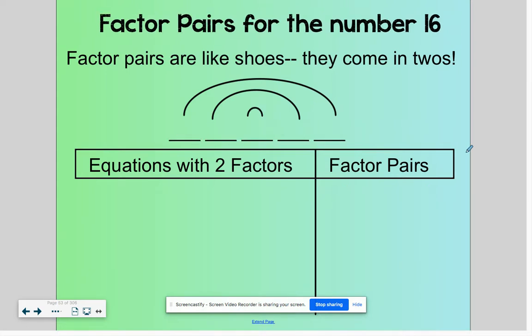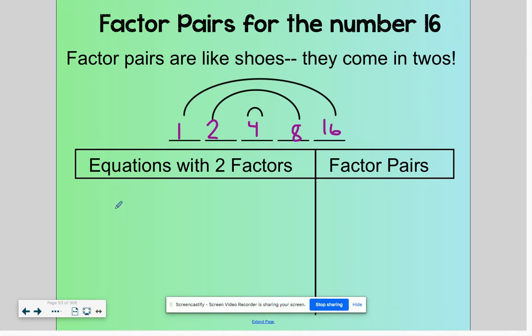The number 16 is an interesting number because we would have 1 and 16, 2 and 8, and then 4 multiplied by itself, 4 times 4 is 16. 16 is a square number. So 4 times 4, we kind of look at this as the crown. So it's a special number where 4 and 4 would be that factor pair.